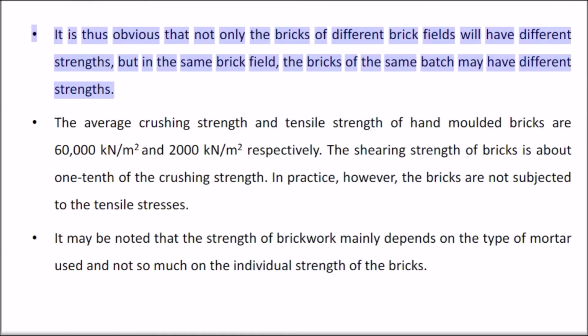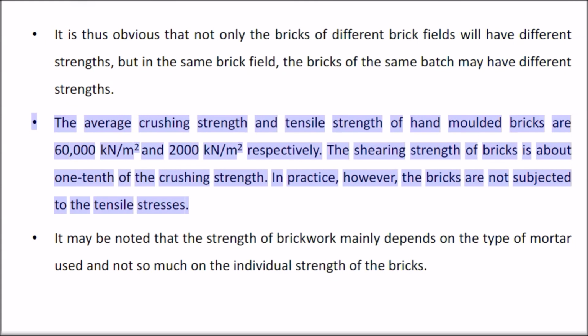It is thus obvious that not only the bricks of different brick fields will have different strengths, but in the same brick field, the bricks of the same batch may have different strengths.